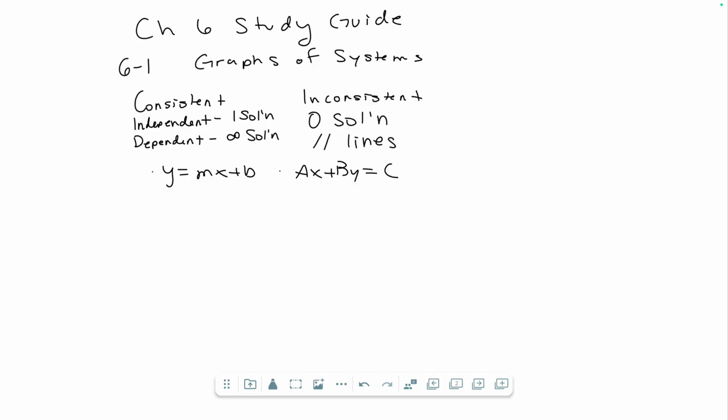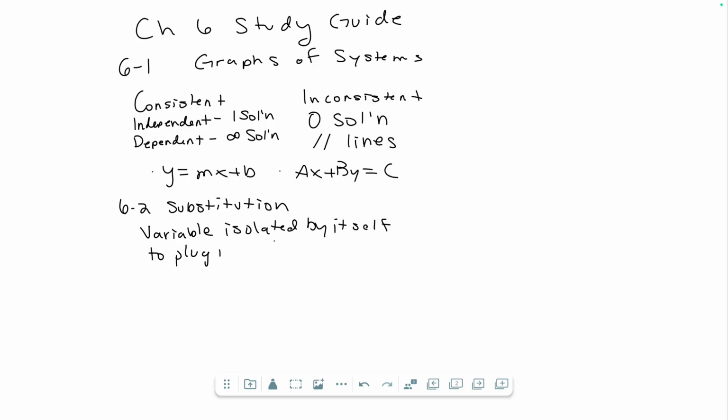Okay? 6.2. Substitution was the first algebraic method of solving a system. This is where we had a variable isolated by itself to plug into another equation.